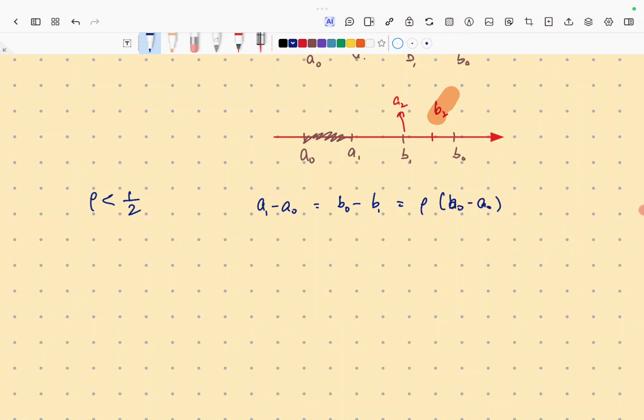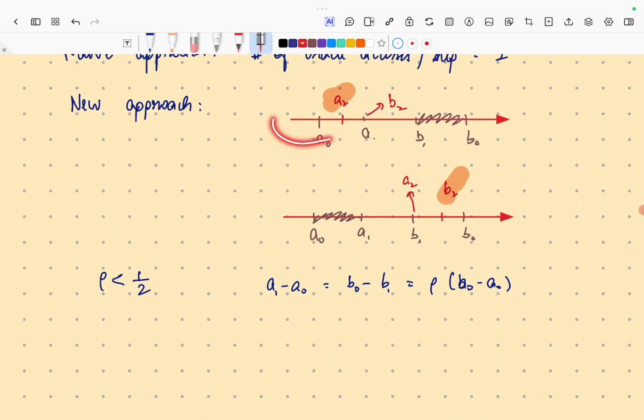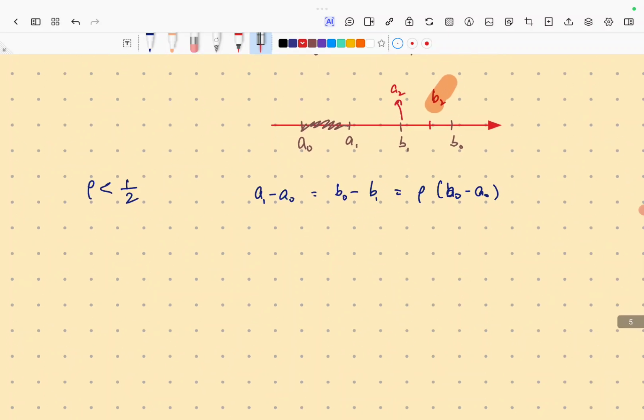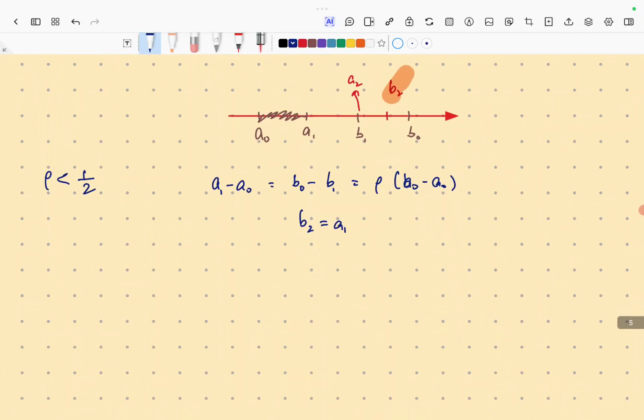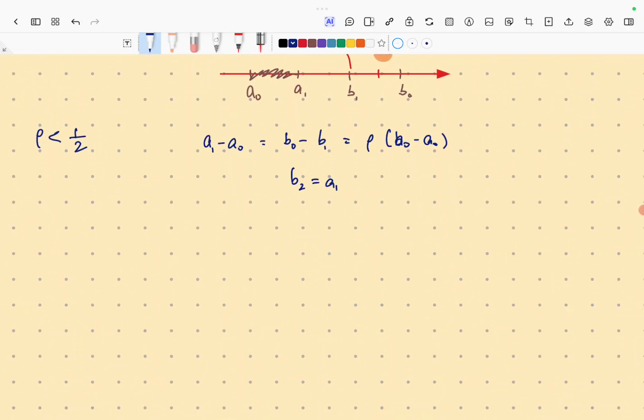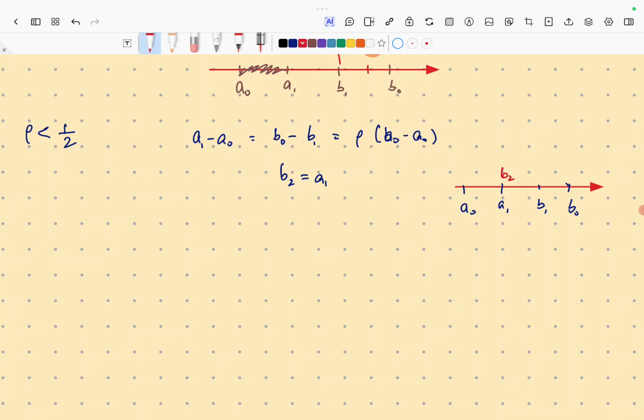And I also want, let's look at the first condition over here, B2 to be equal to A1. Okay, is that clear?